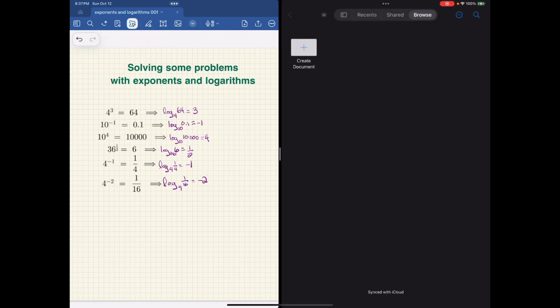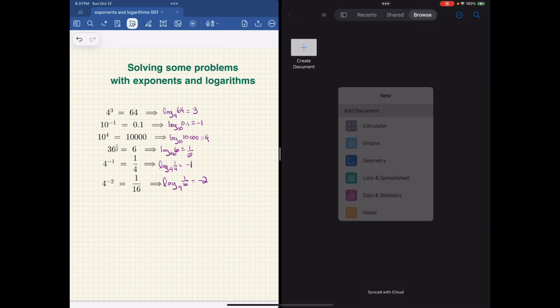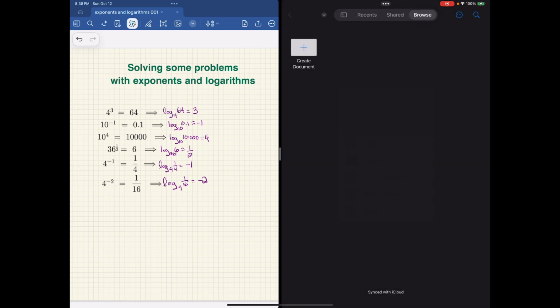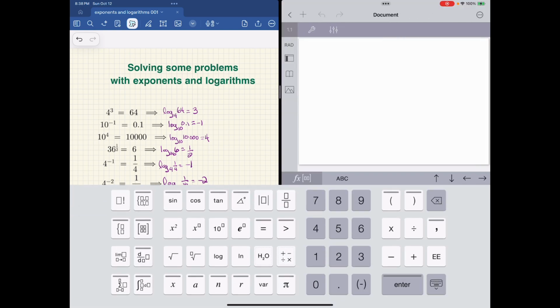Now we're going to check our answers to these logarithmic equations with the TI-Nspire app. And so we're going to create a new document and add a calculator to that document. And now we'll begin to look at the answers to the equations that we wrote.